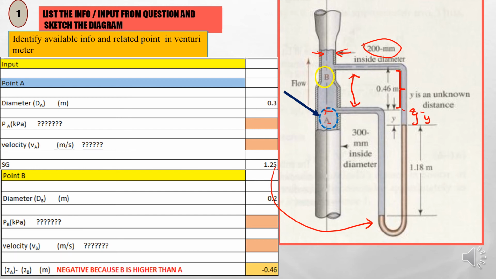Again, the info for PB is not available and VB is not available as well. But we do have the distance between ZA and ZB, in which ZA minus ZB is 0.46 meter. In this case we put it as negative because A is lower than B, so it becomes negative 0.46.